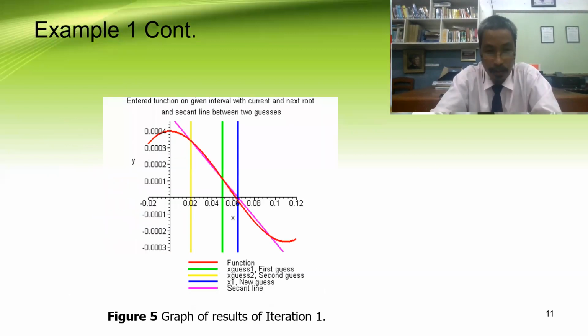Okay, so let us continue and prepare ourselves by imagining our curve, our graph. So in our graph, we have the yellow and the green as the second and first guess. Our second guess, our first guess. And x1 is here. Take note, x1 is very near to our answer, which is 0.062.